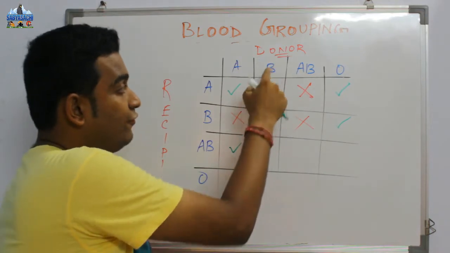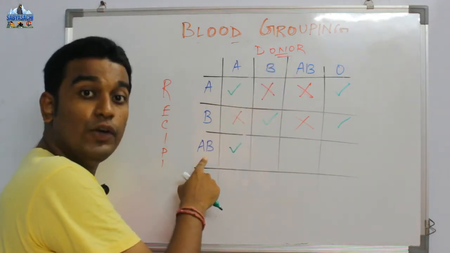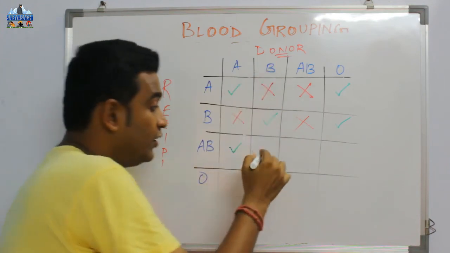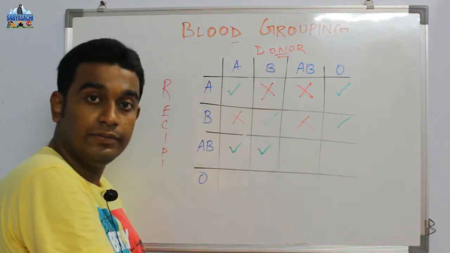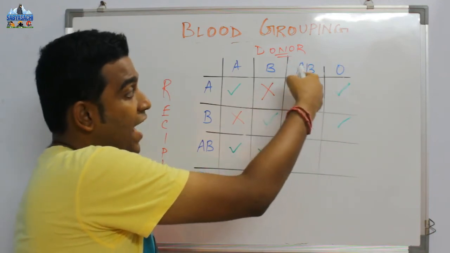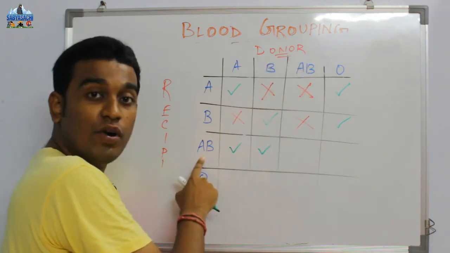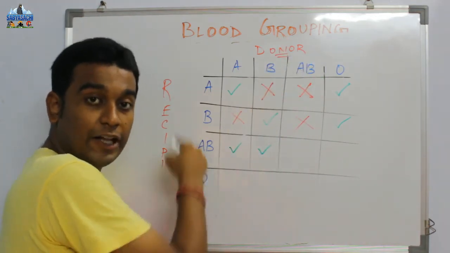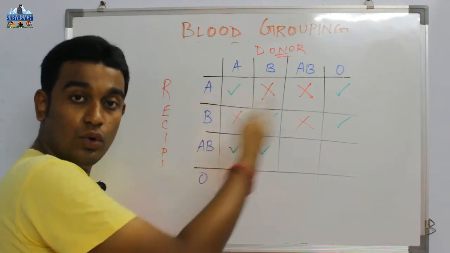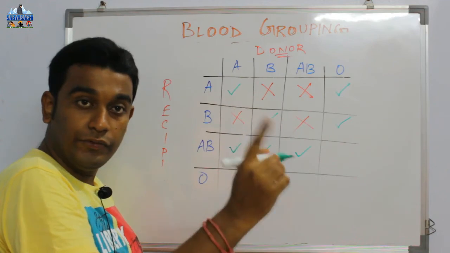right? Same for B. B antigen but no antibody against the B antigen, so again it is safe. AB, same. You have both the antigen here, but where is the antibody? No antibody in the plasma of the recipient, so again no agglutination, so safe transfusion, right?